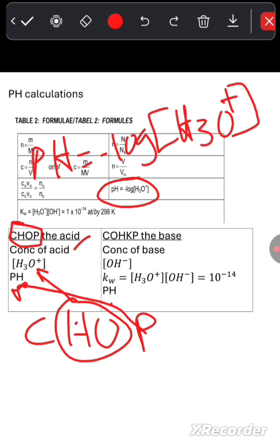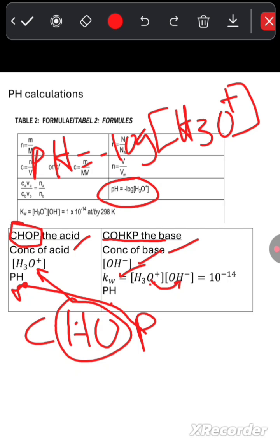Then for a base, I use the word COOK. C stands for concentration of the base, OH is the concentration of OH minus, K stands for the Kw formula, which allows you to convert from concentration of hydronium ions to concentration of OH ions or hydroxide ions.